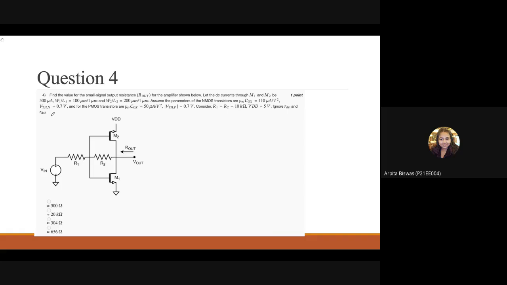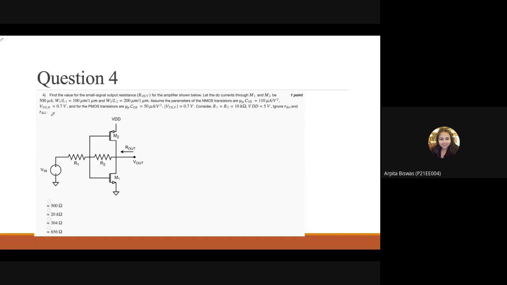This is question number four. Find the value for the small signal output resistance Vout for the amplifier shown below. Let the DC current through M1 and M2 be 500 microamps, W1 by L1 equal to 100 micrometer by 1 micrometer, and W2 by L2 equal to 200 micrometer by 1 micrometer.